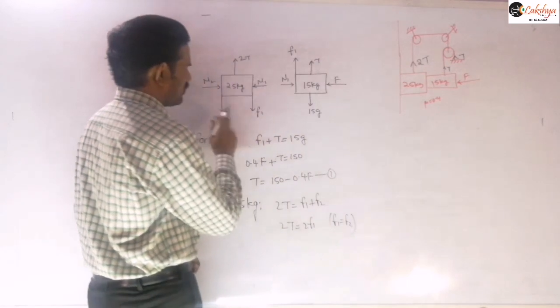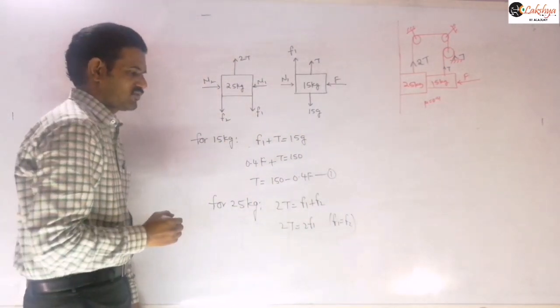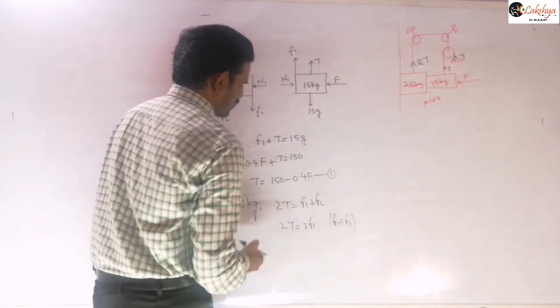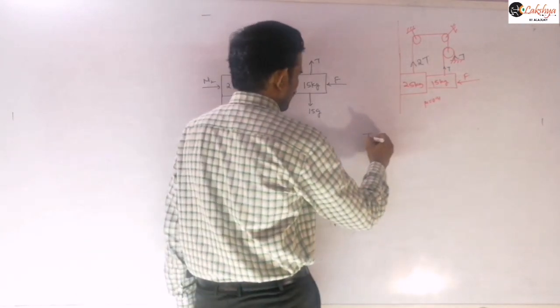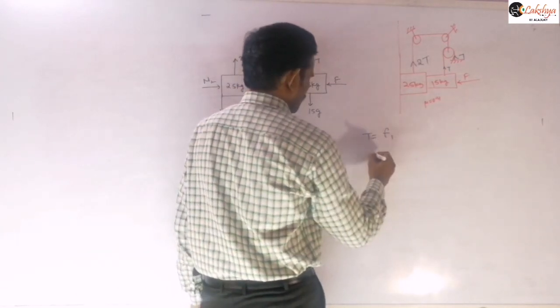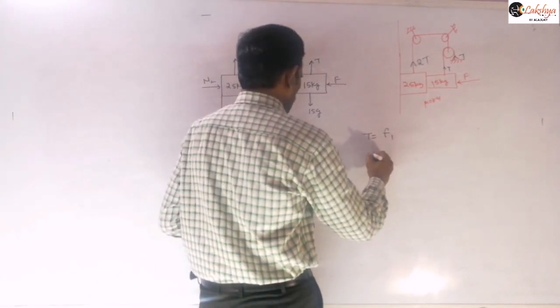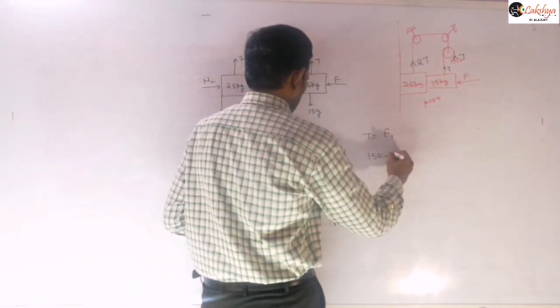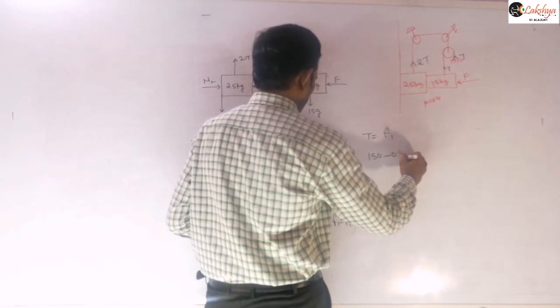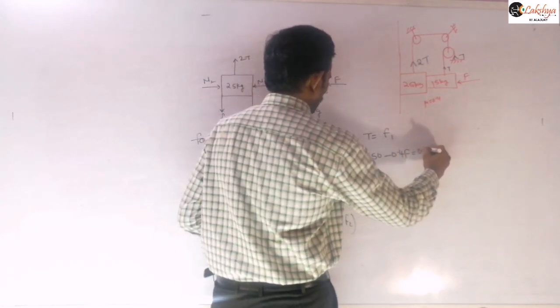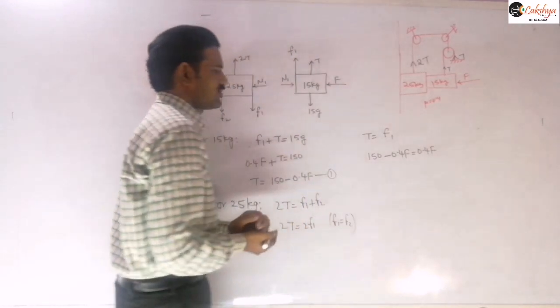Therefore, T is equal to F1. So T, which is 150 minus 0.4 F, is equal to 0.4 F.